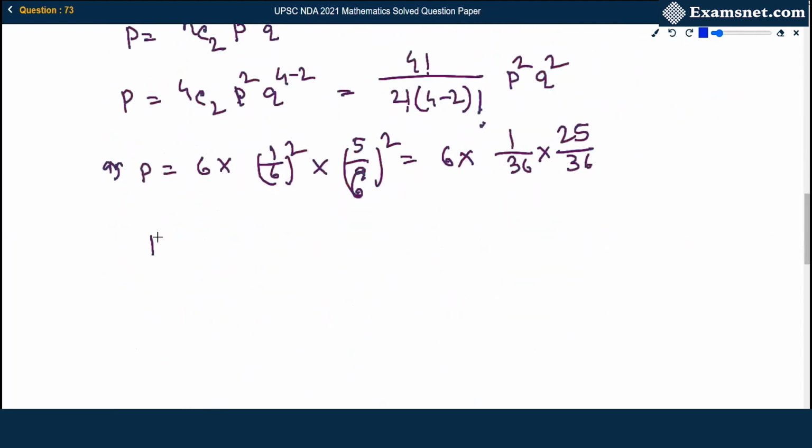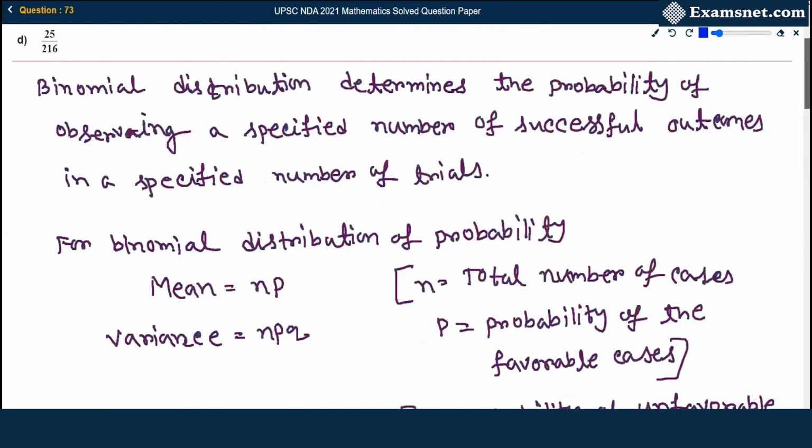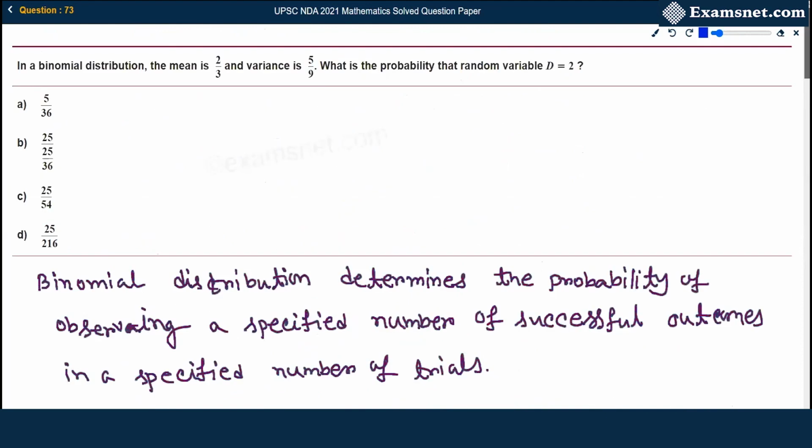So we got the value as 25/216, right? So here the probability is 25/216. Option D is the correct one.